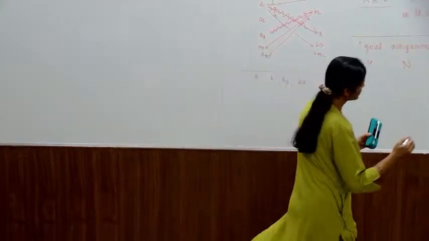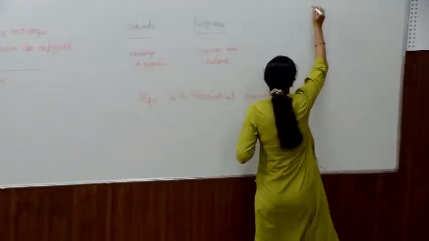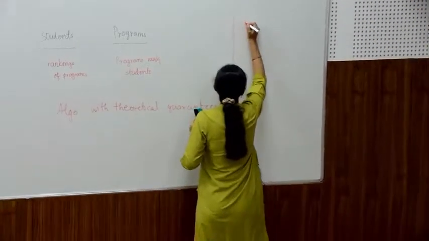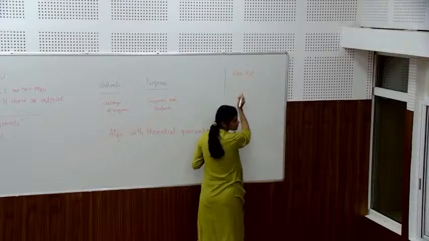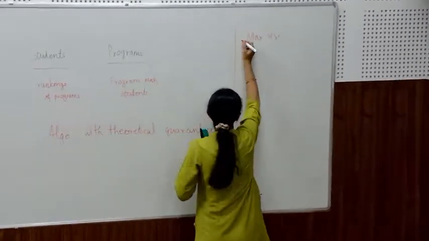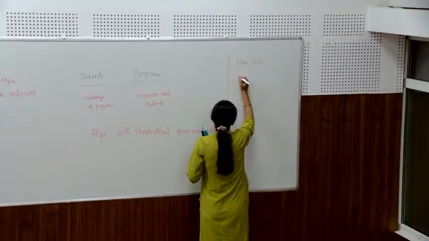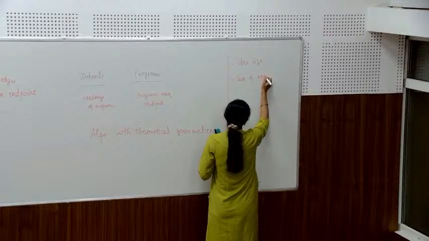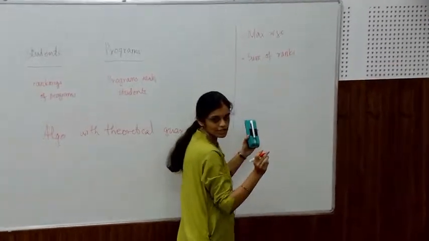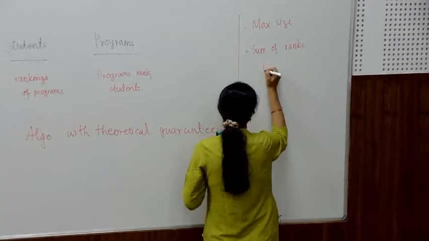We want maximum A to be assigned, maximum B to be assigned, okay. So maximum size. Is that what you mean? Yes. Okay, maximum size. Then there is some metric in terms of sum of ranks, that's what I believe you mean, and lower is better.